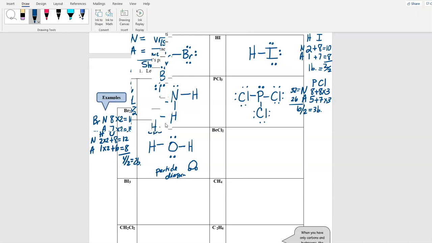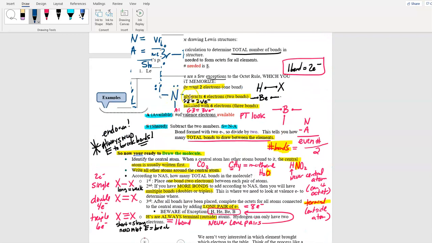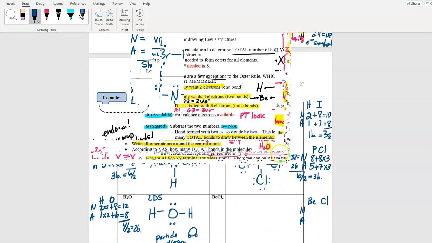Okay? Now I'm going to throw beryllium in here because, like I said, AP has been known to throw him in here and I do not like that they do that. But we can't always like everything. Beryllium is one of those exceptions. Remember, right up here, beryllium only ever forms 2 bonds.